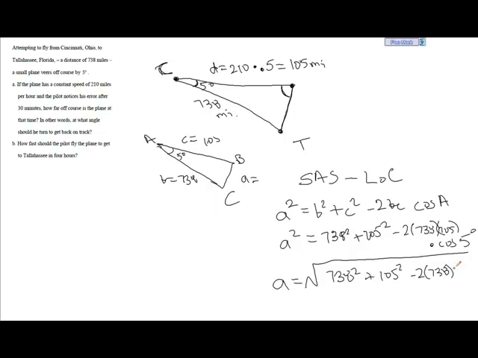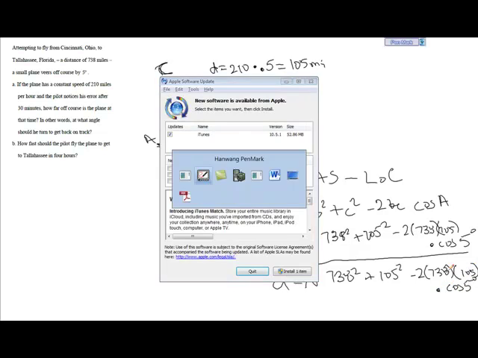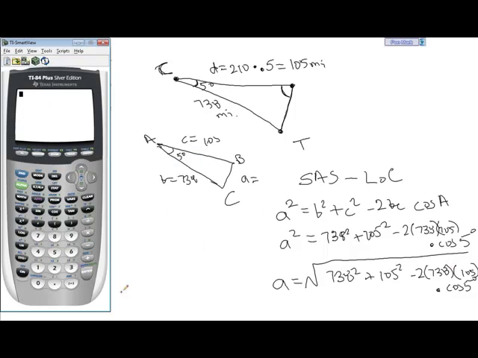So 738 times 105 times cosine of 5 degrees. We just have to make sure that we're in the correct mode. We want to be in degrees since we're dealing with 5 degrees.